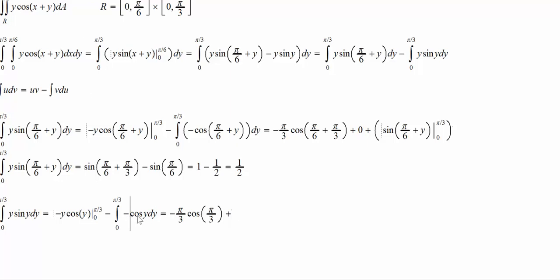So what we got now is that we have the integral here. Oh, we don't have to write the integral there. Actually, let's just write the value because we know the integral of cosine y is sine y, and the lower limit is 0. The upper limit is how much? Pi over 3, right? So what do we get here? Cosine of pi over 3 is 1/2.